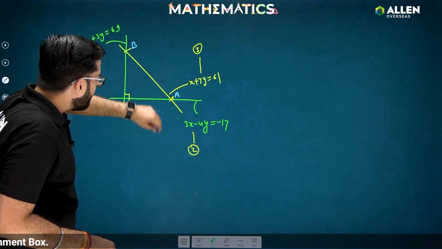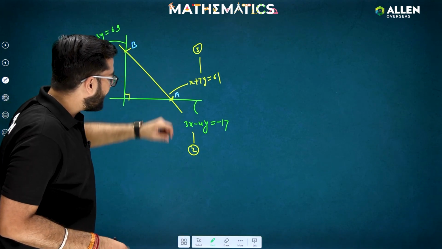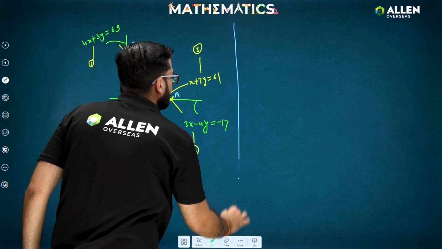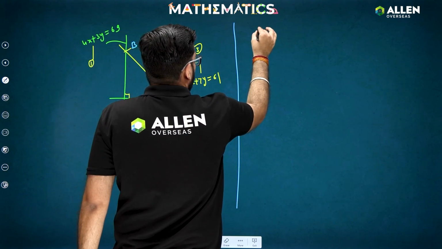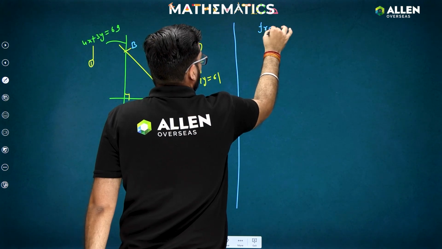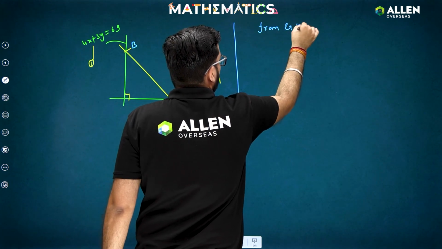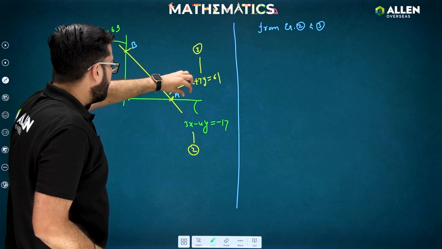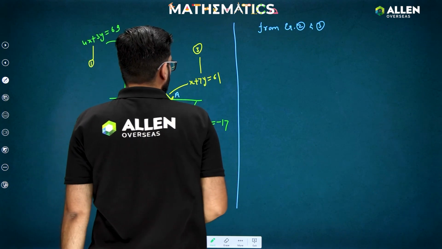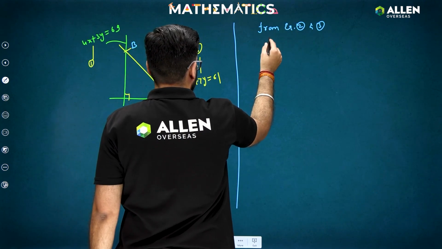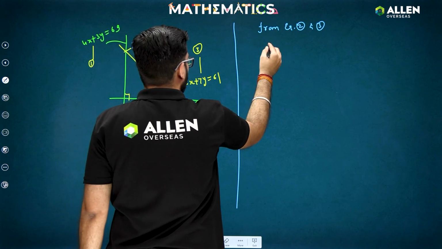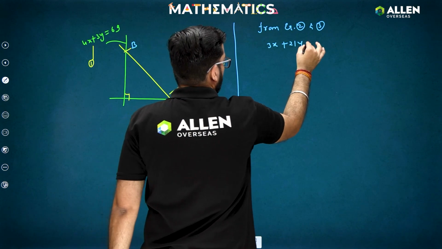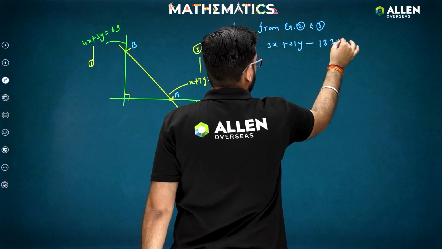This A is the intersection of this yellow and this green line, that means the intersection of 2 and 3. So let's start: from equation number 2 and 3, what I am going to do? I try to cancel the x, so I multiply equation number 3 by 3: 3x plus 21y minus 183 equals 0.